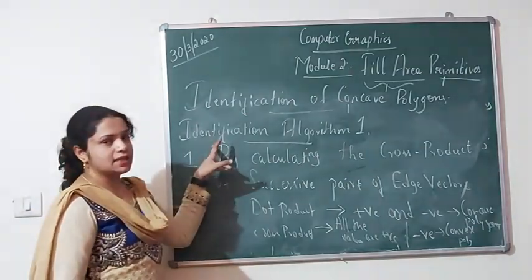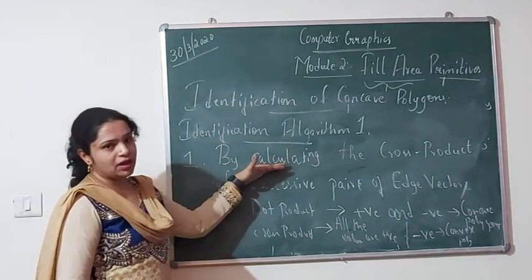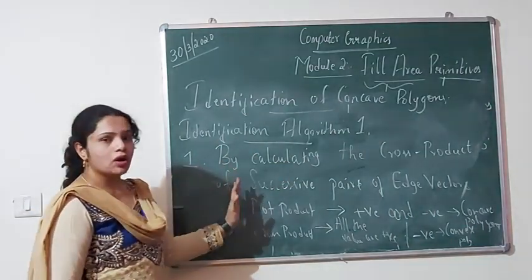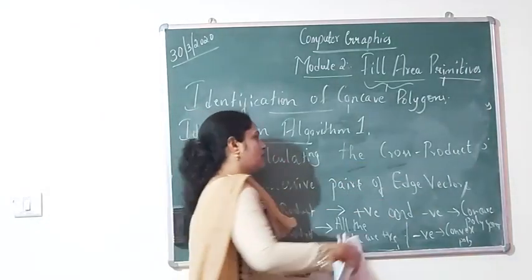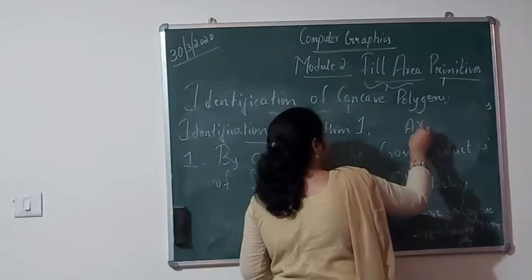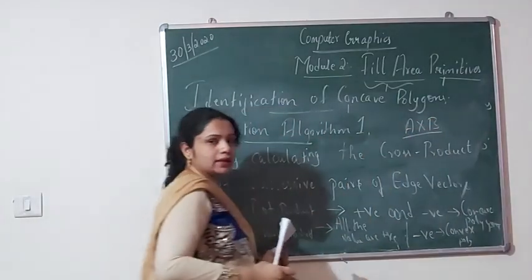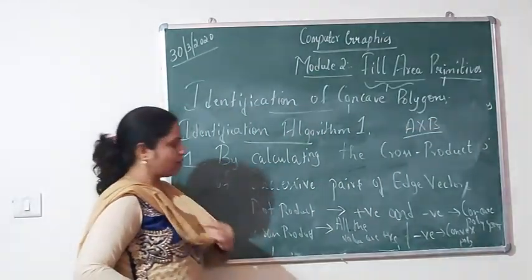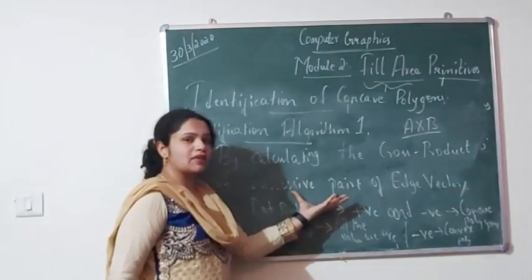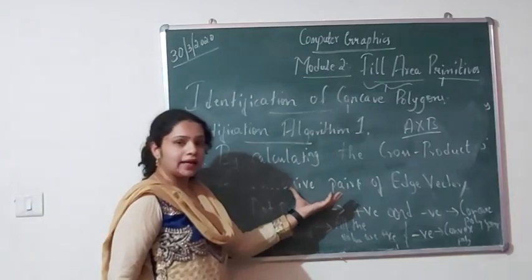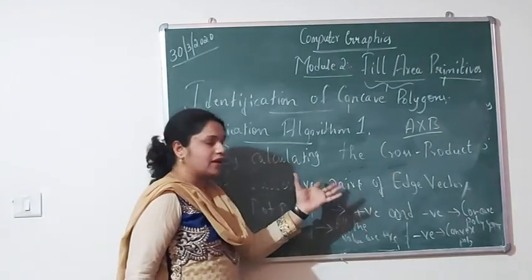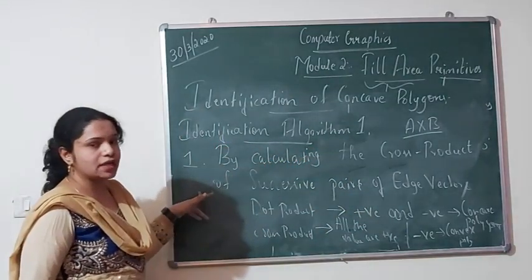So what it says is that we can identify a polygon as concave or convex by calculating the cross product. Cross product you have already studied, A cross B. This is what we mean by cross product. We calculate the cross product of successive pairs of edge vectors. Every edge should be identified by a vector. Then we take the cross product of such vectors.